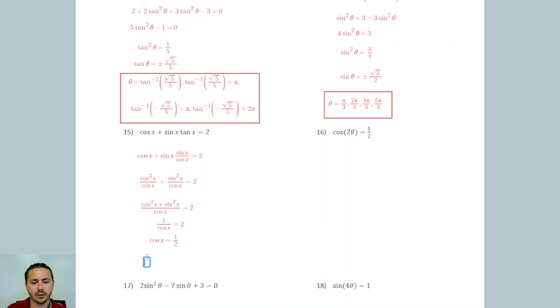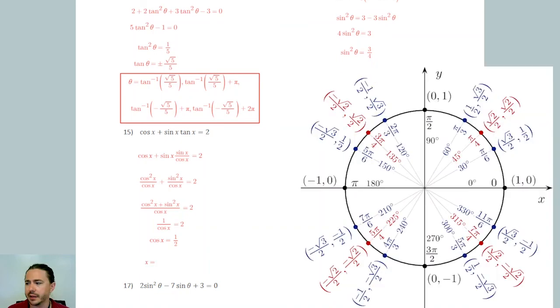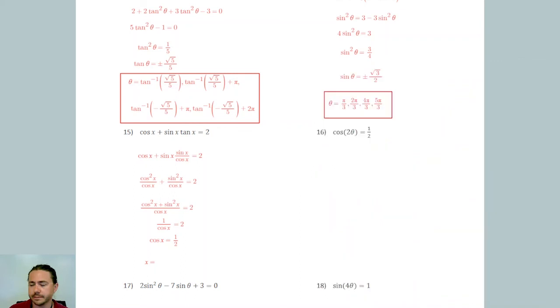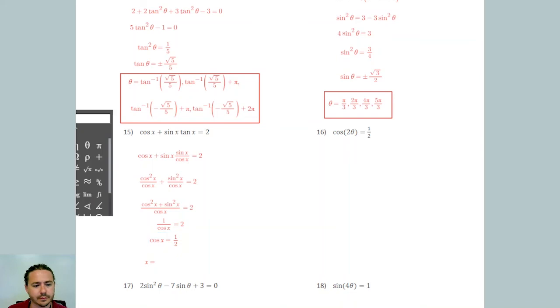So we've got x equals all the places where cosine is 1/2. So bring this guy back up, and I can see it's going to happen at pi over 3 and 5 pi over 3. All right, only 2 solutions for that one.